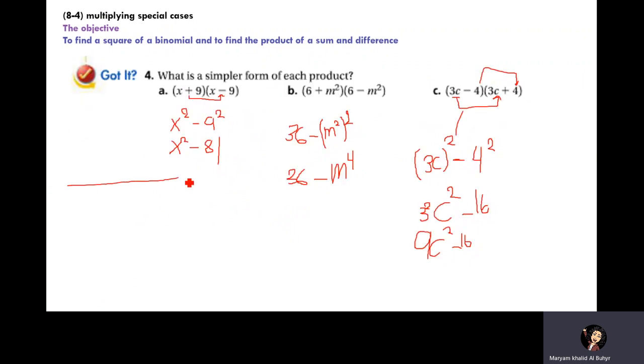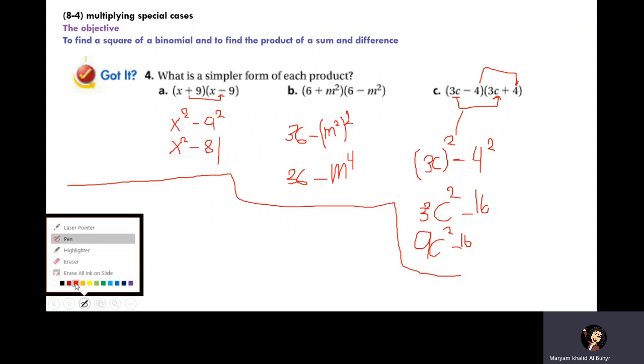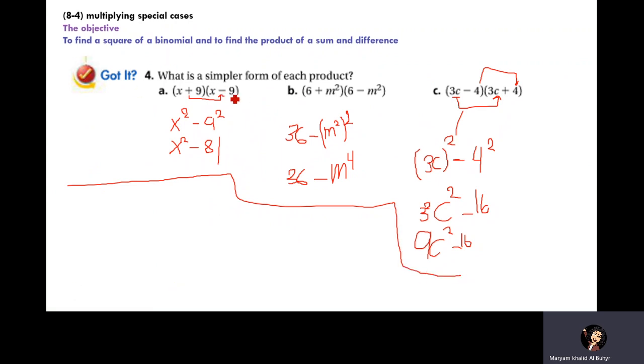I just want to write for you a very important note. What is the difference if I change this one into a minus? Note: x plus 9, if I change the other one into x plus 9.